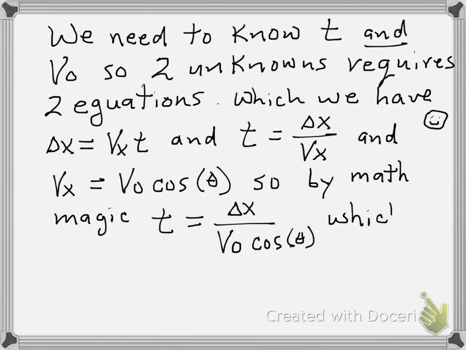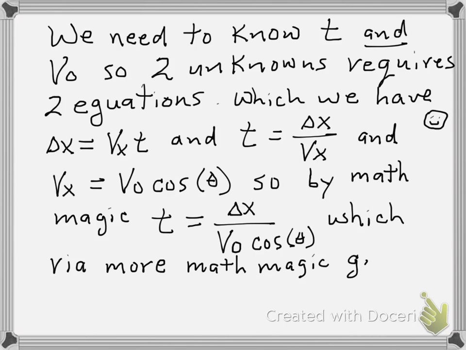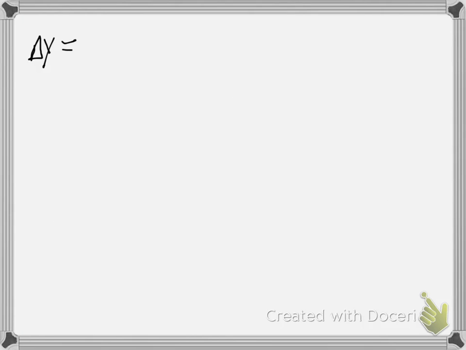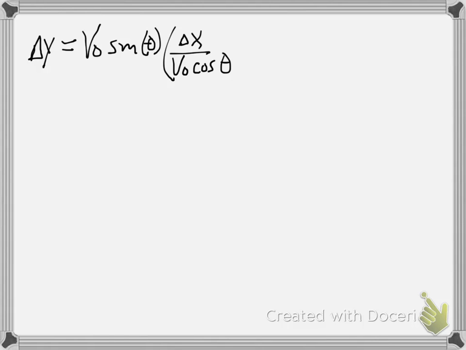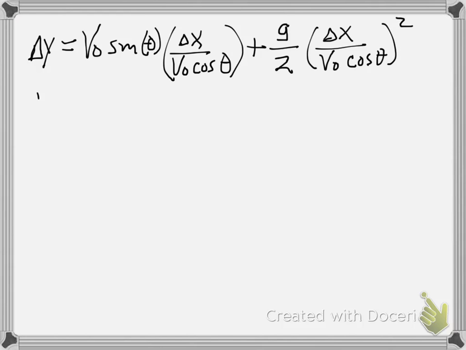And time is change in position over V naught cosine of theta, which via some more math magic gives our change in y, which is V naught sine of theta, that's our initial vertical velocity, times time, and we substitute in what we just calculated for time conceptually. And so we've got this equation.